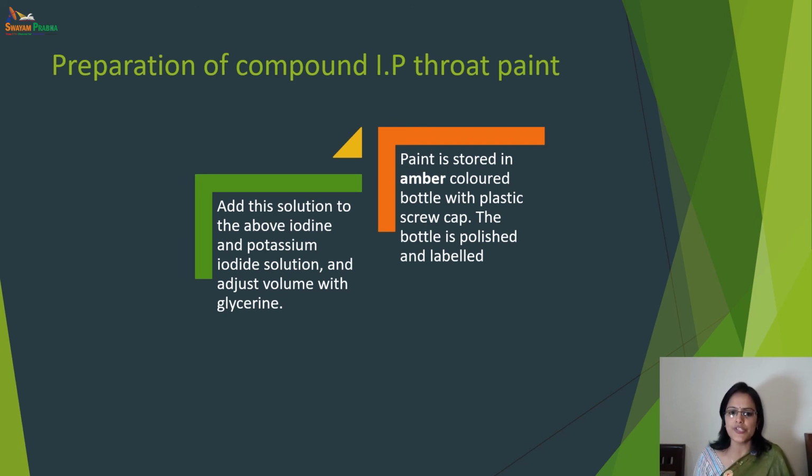As the preparation contains volatile ingredients like iodine, water and peppermint oil, and iodine is also very sensitive to light, the paint is stored in an amber colored bottle with a plastic screw cap. The camel hair brush is also supplied with the product for its application in the inner part of the mouth.